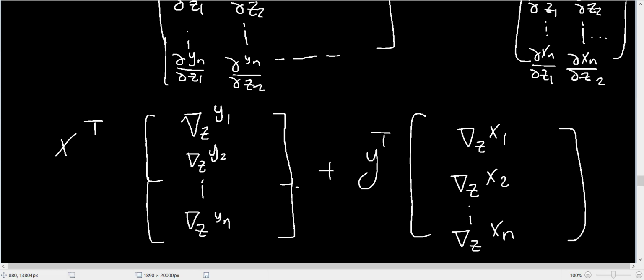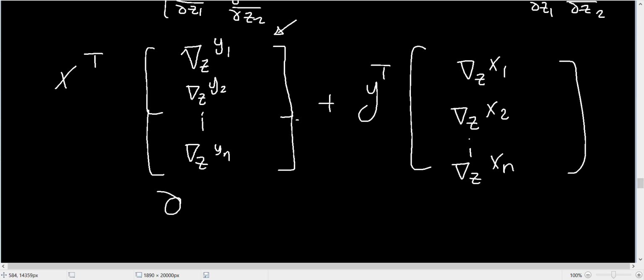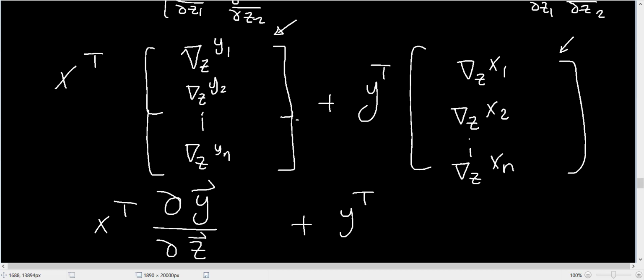Now, if you look at this, the matrix is really a Jacobian matrix. This is the derivative of the vector y with respect to the vector z, multiplied by x transpose, plus y transpose multiplied by another Jacobian matrix, which is the derivative of the vector x with respect to the vector z. Very well, so this is our final conclusion.